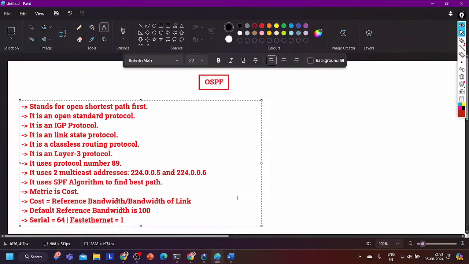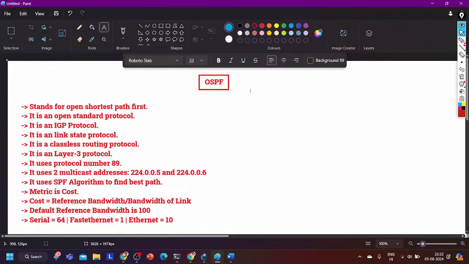And the cost for an Ethernet link will be what? 10. Yes, 10.